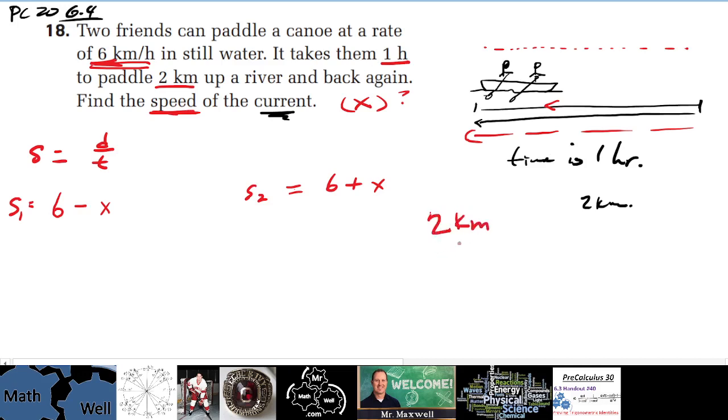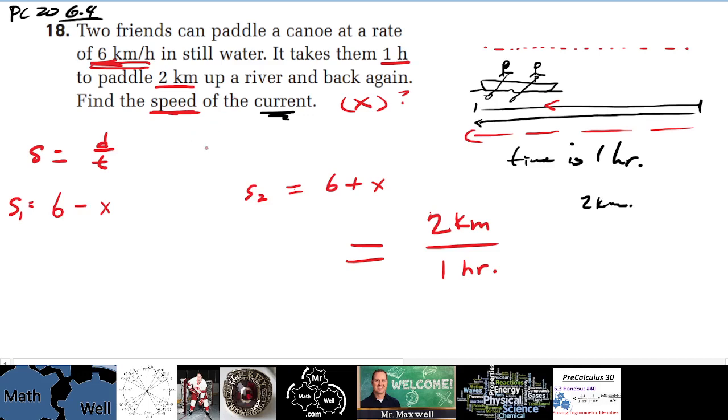So 2 kilometers in 1 hour. That's the total, right? It takes them. So the total speed, I see this as a total speed here. So I wonder if I could figure out how to add up speed 1 and speed 2, or to somehow average them or whatever to get the overall average speed.